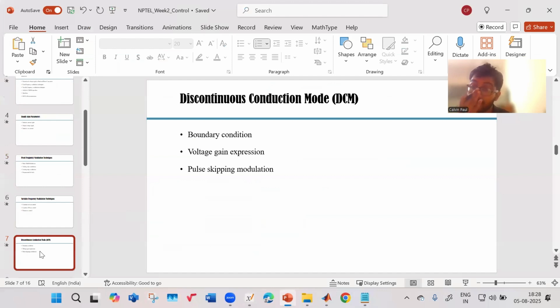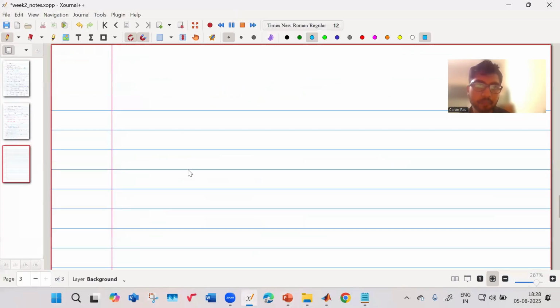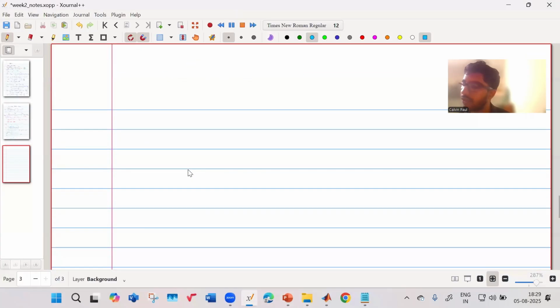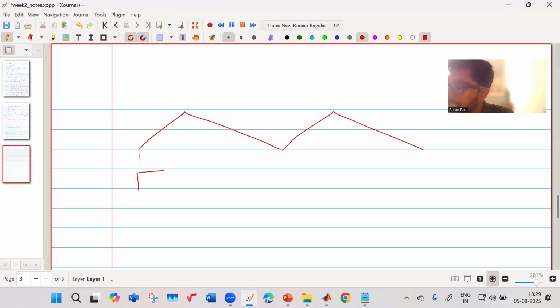Okay, we'll see discontinuous conduction mode. So till now, in all the diagrams which I was drawing, what I was drawing was my inductor current going high, low, and this is my gate signal.